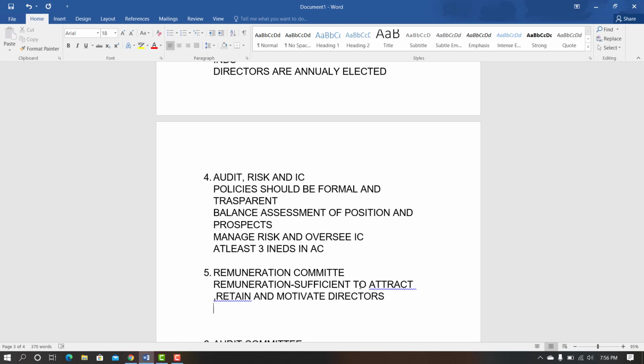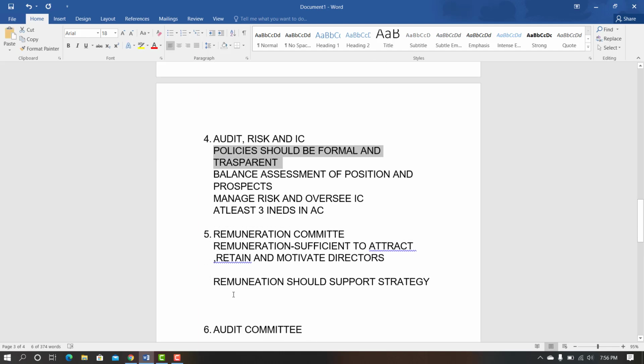So the remuneration basis should support strategy. And another point is there should be formal and transparent procedures that we have read in the fourth principle, audit risk, and that policies should be formal and transparent.